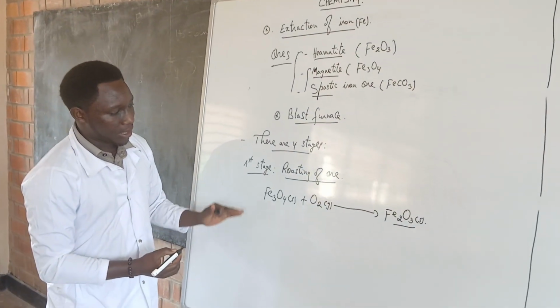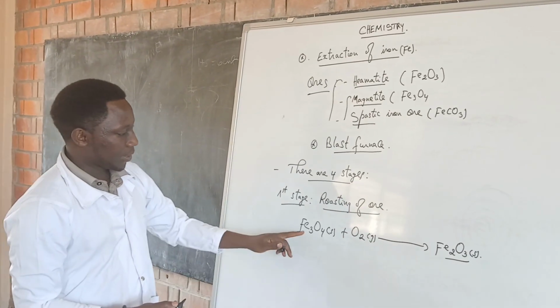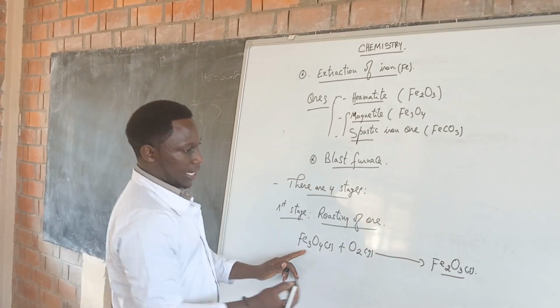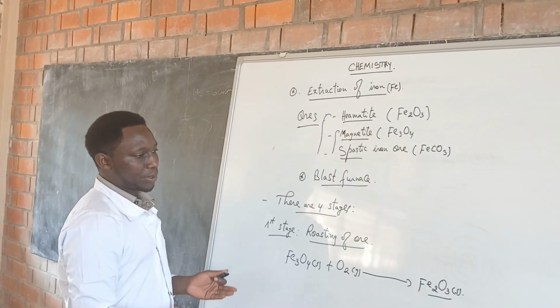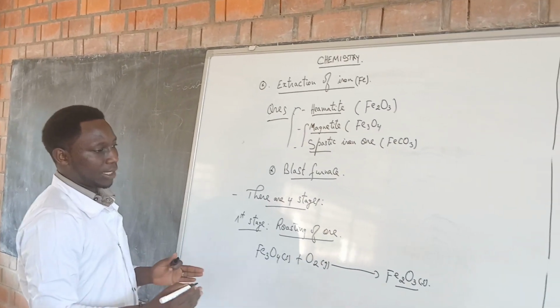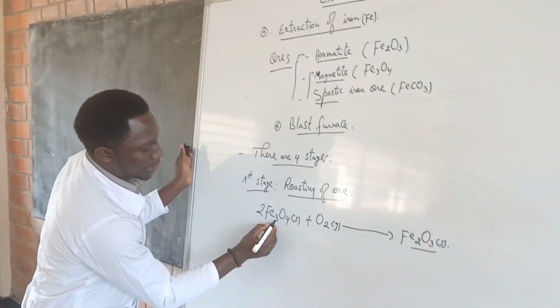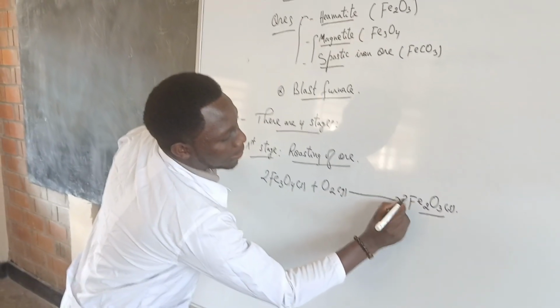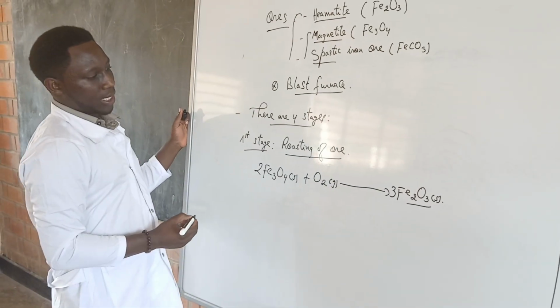Remember, the chemical reaction should always be balanced. Here you have 3 iron, while here you have 2. I'm going to balance by putting different numbers to get the same answer. If I put 2 here, 2 times 3 equals 6. And when I put 3 here, 3 times 2 equals also 6.